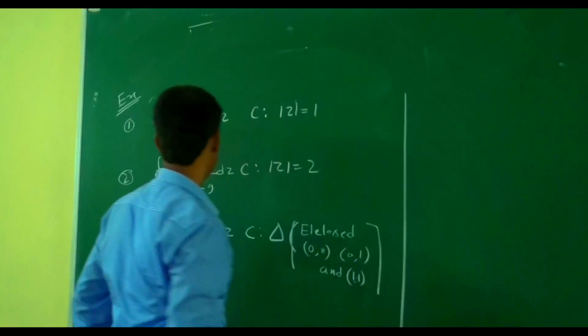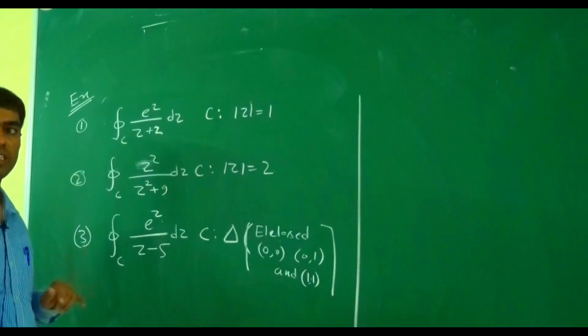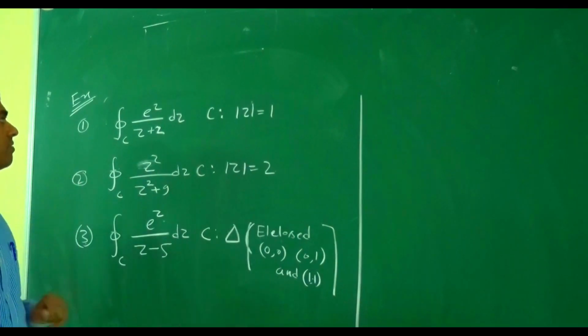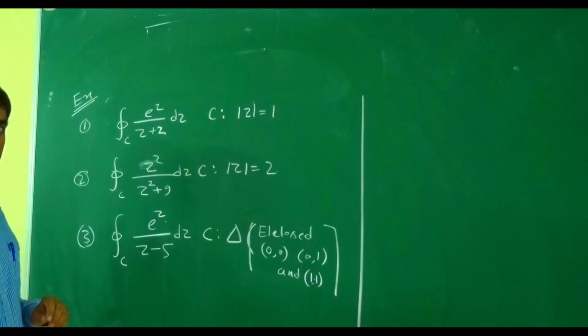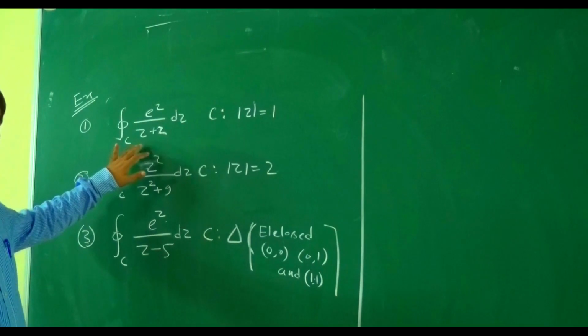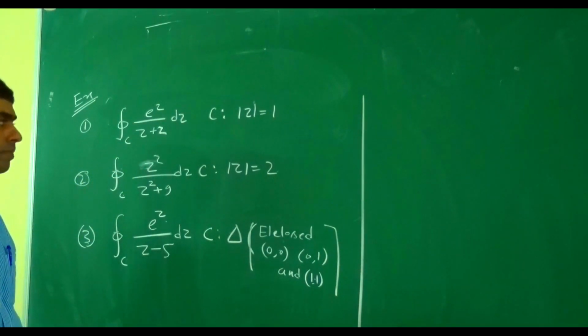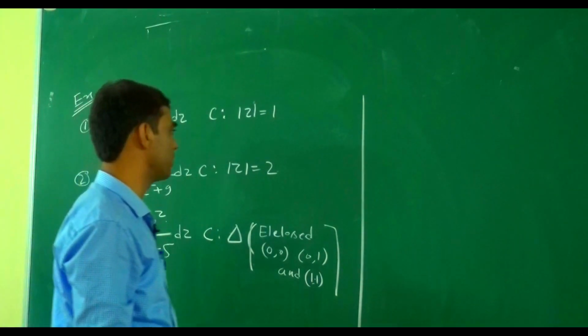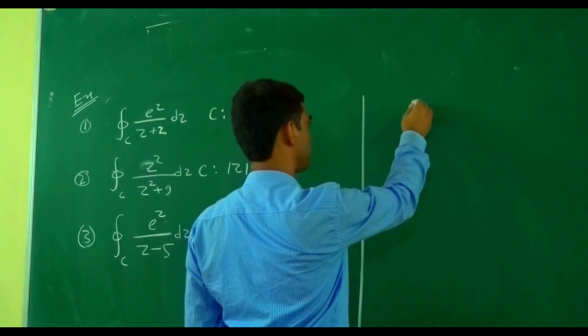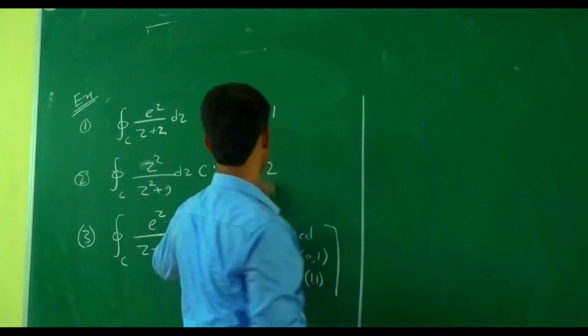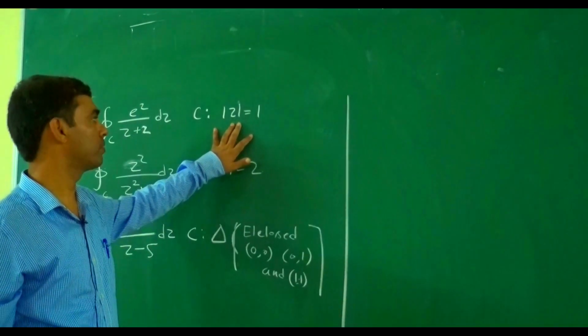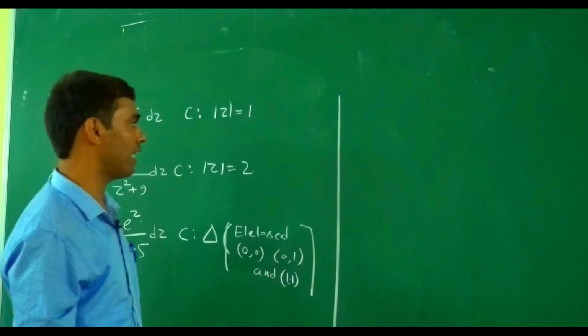We know that by the Cauchy integral theorem, the integral over C of f(z) dz equals 0 if f(z) is analytic inside a closed curve C and f dash z is continuous. Here, what is C? C is |z| = 1.